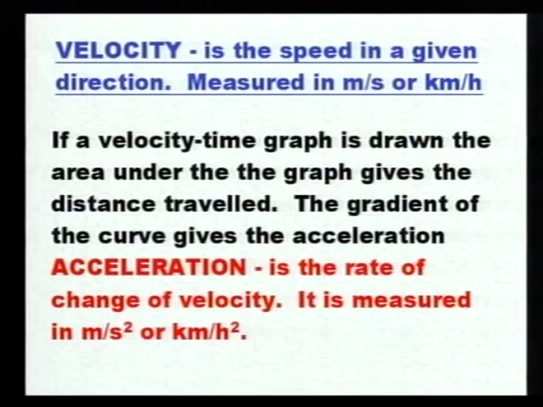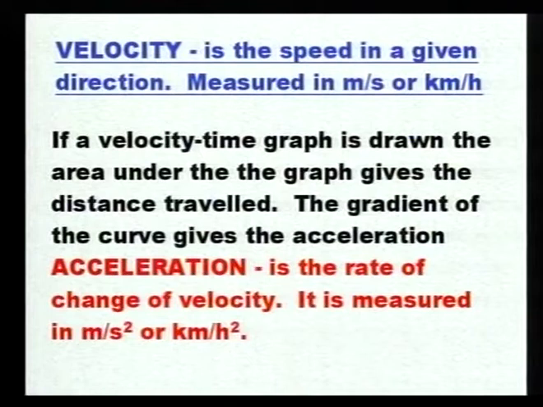Okay, the definition for velocity is the speed in a given direction. It's usually measured in meters per second or kilometers per hour, whatever units are used. Again, it's the speed in a given direction.